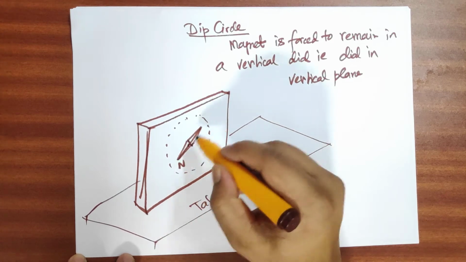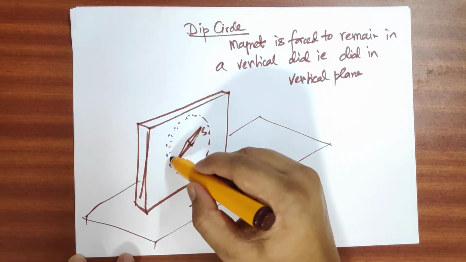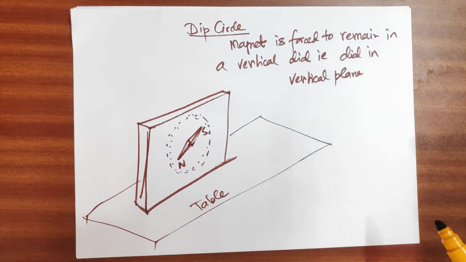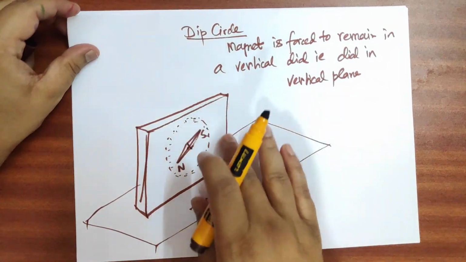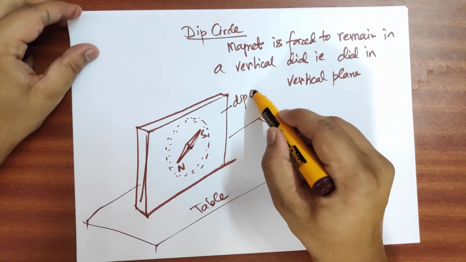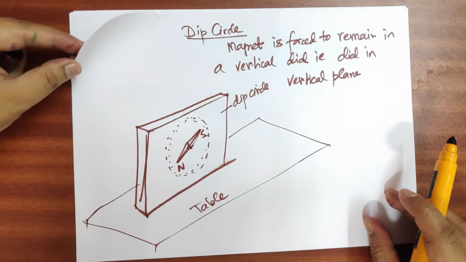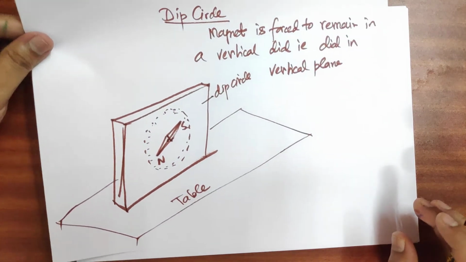Right now it is pointing there, north south. A very simplified model. It's not like this actually. There are certain more complications, but to know the concept, this is good enough. So this is the dip circle. This dial, this whole thing is known as the dip circle. That is a magnetic dial in the vertical plane. Magnetic dial in horizontal plane we will explain later.